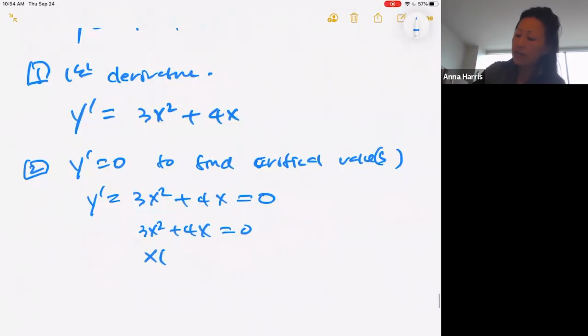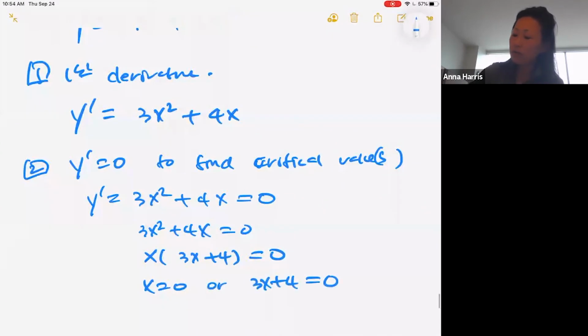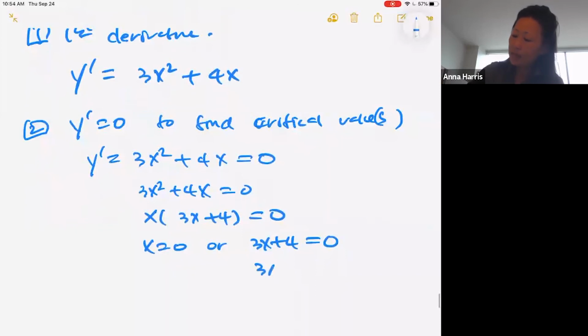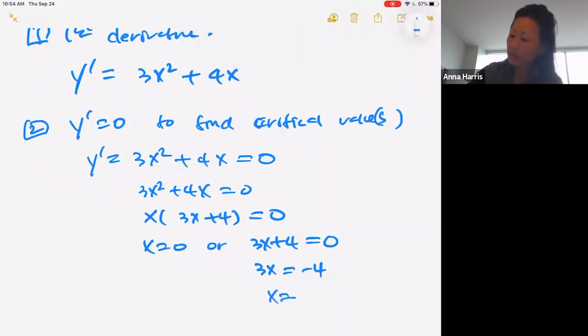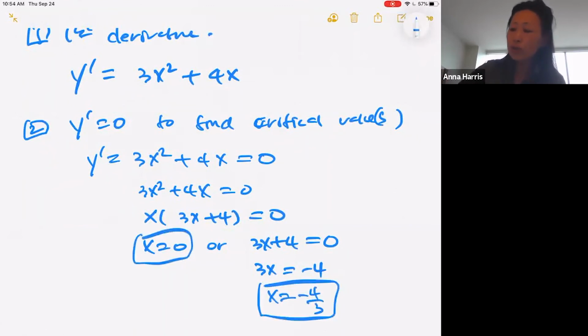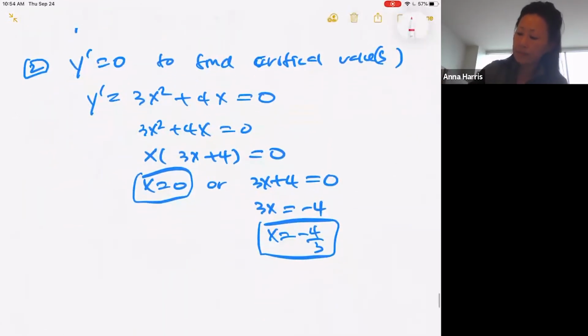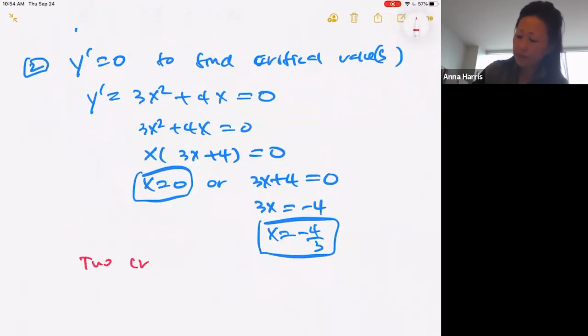The common factor is x, and I have x(3x plus 4) equal to 0, so x equal to 0, or 3x plus 4 equal to 0, and 3x equal to -4, and then, excuse me, x equal to -4/3. So I have 2 critical values: x equal to 0 and x equal to -4/3.